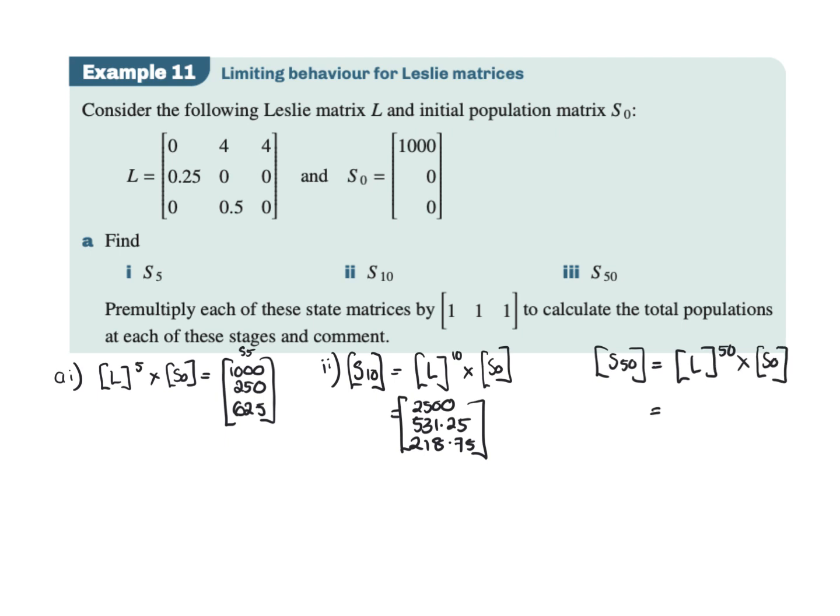Even in Leslie matrices and these population models, you do hit a steady state. So if we're doing the power of 50, I'm going to say we've hit the steady state. We're not going to get any bigger.